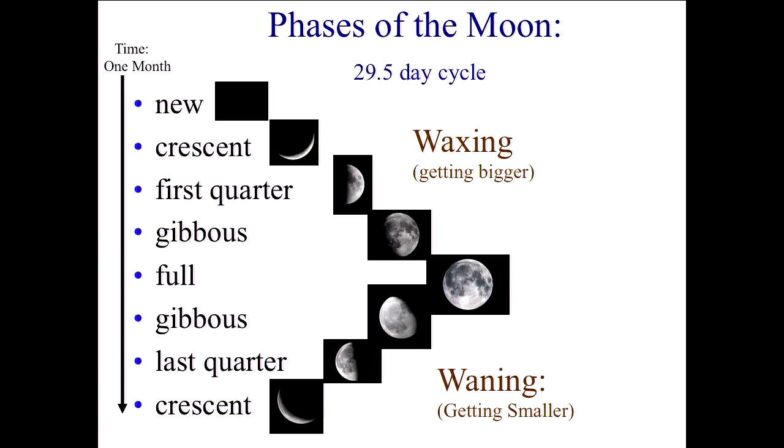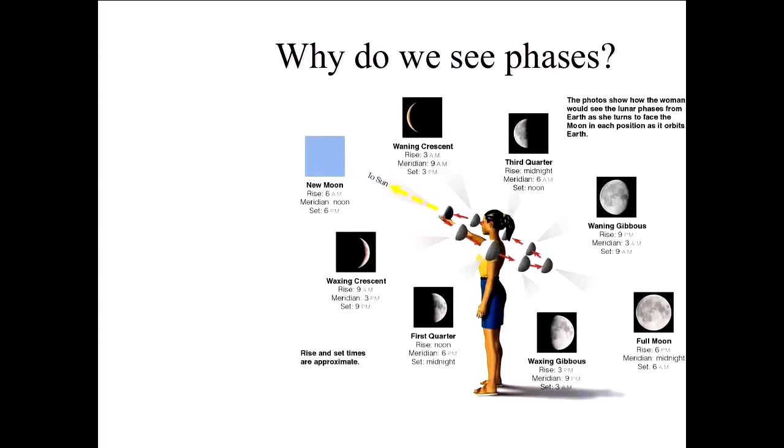Why do we get the phases of the moon? Hang on to your hats. This is one of the most important points of the whole semester. Here's a picture of somebody observing the universe. She's holding an imaginary moon in her hand, and the sun is over here.